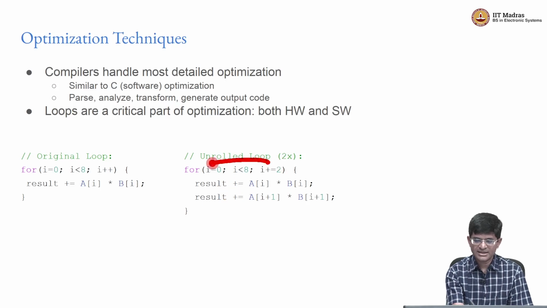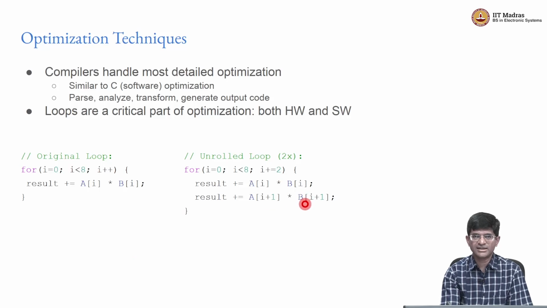The interesting thing is, this for loop now runs only half the number of times as it did in the previous case, which means that as long as the compiler is able to make use of this optimization, it could finish the work in half the time of what would have normally happened.